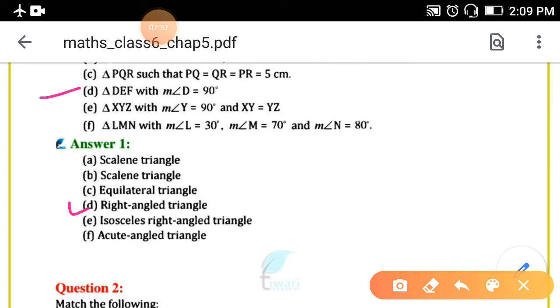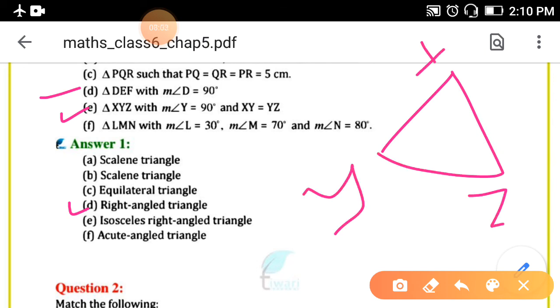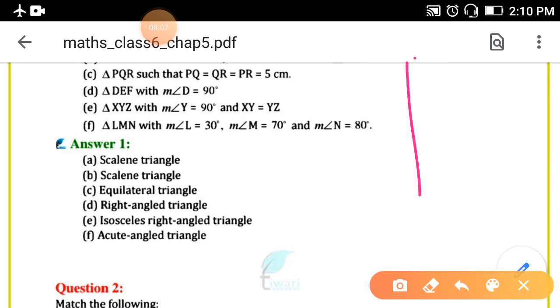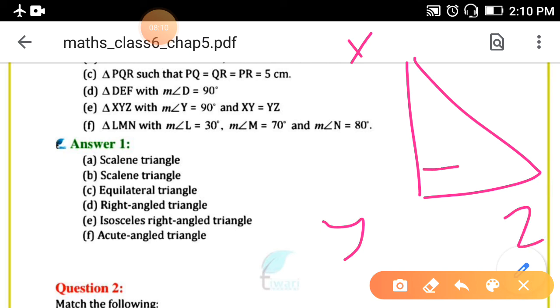E: triangle XYZ, in which Y is 90 degrees. So we have to draw a figure like that, X, Y, Z, and Y is 90 degrees, where XY and YZ, these two sides, are the same. So what are the properties? A 90-degree angle, and second, two sides are the same.